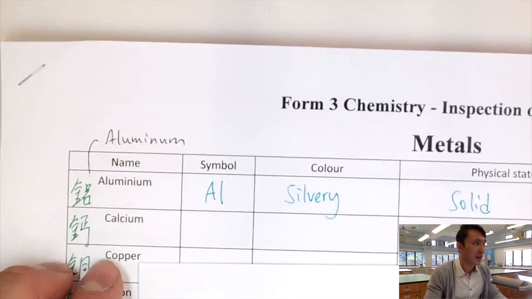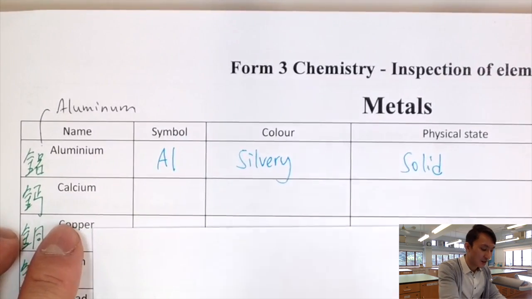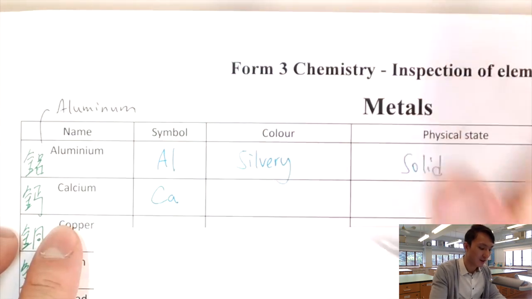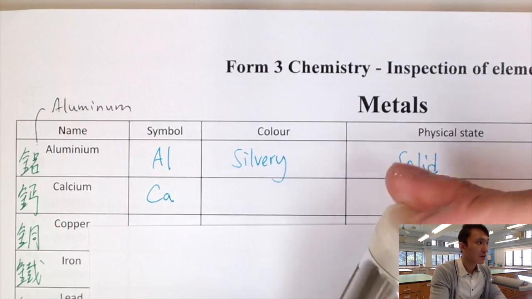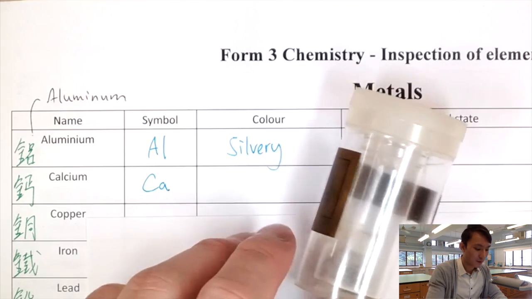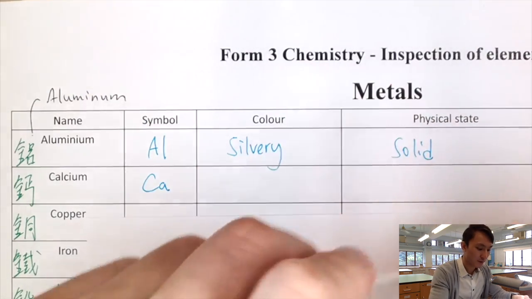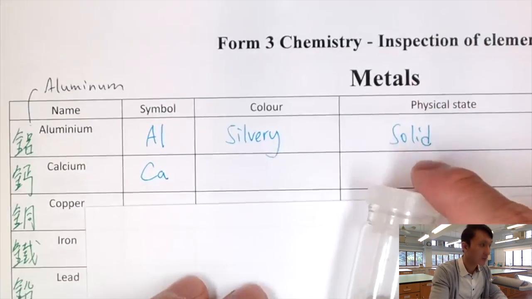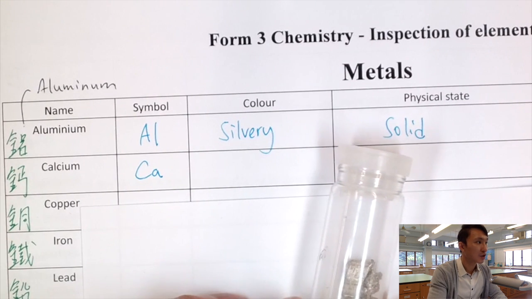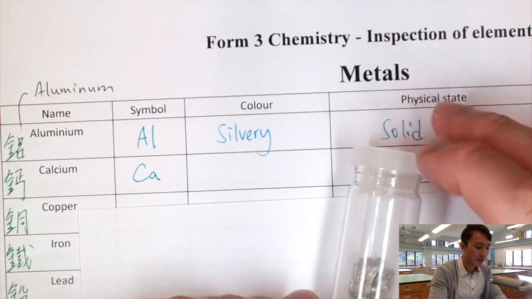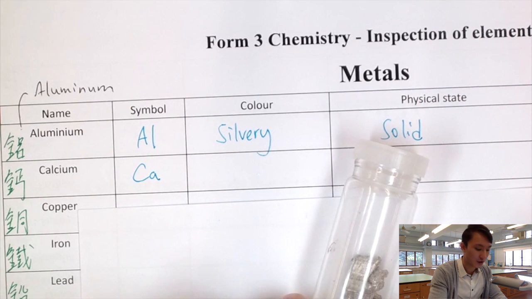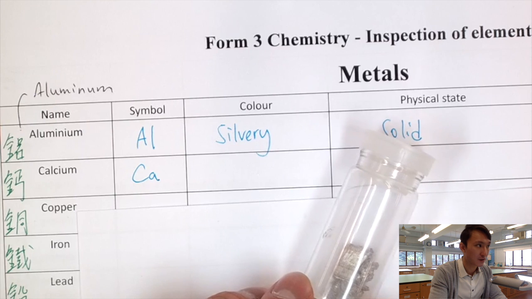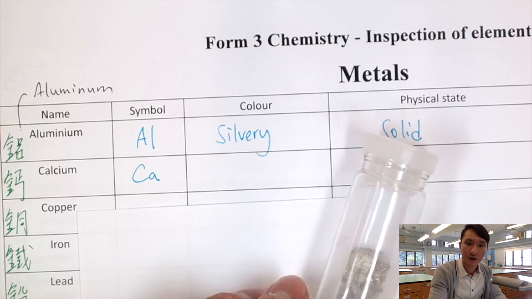Now, next one is calcium. The chemical symbol is Ca. Let's have a look at calcium. It may not be that clear, I'll try to open up and show you. Okay, so calcium is silvery or a little bit grayish, actually. It is not that silvery, so usually we call this one grayish.